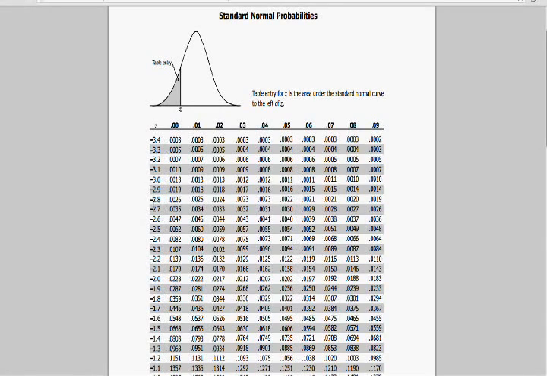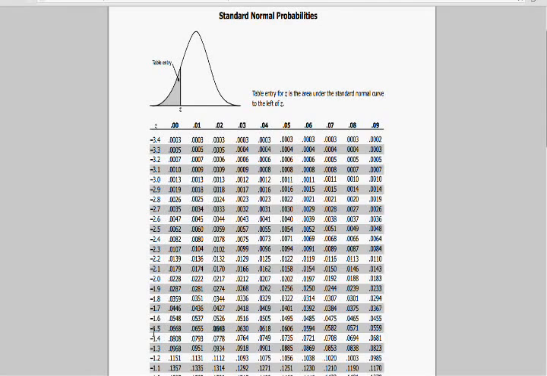If we go on the left side of our table, here we have a value of negative 1.5. This is the area of negative 1.50. If you go to the right, this is the area of negative 1.51, and so on and so forth. This is the area to the left of negative 1.52.